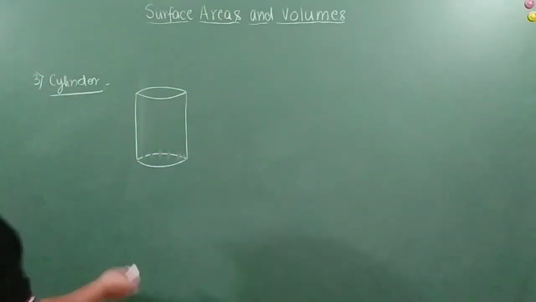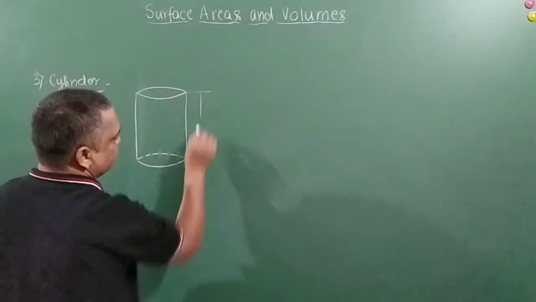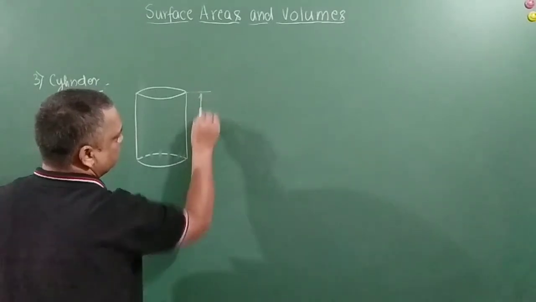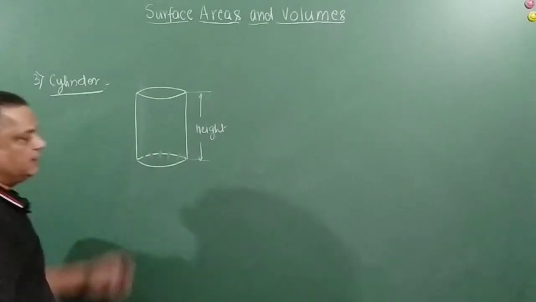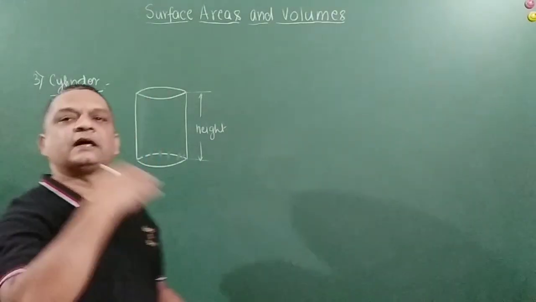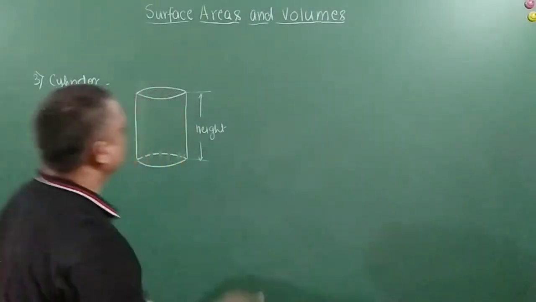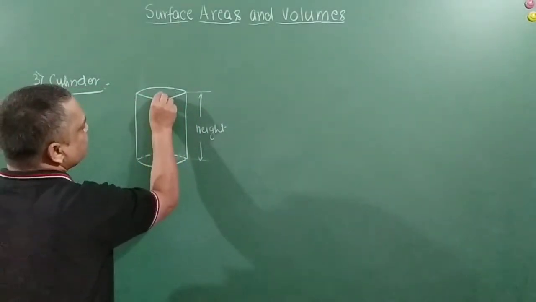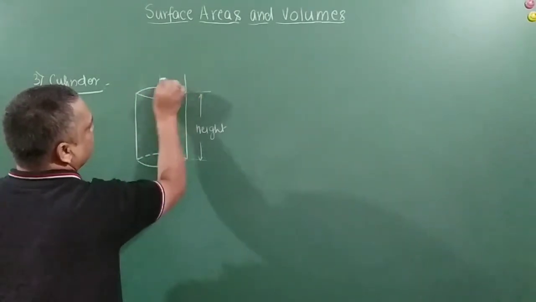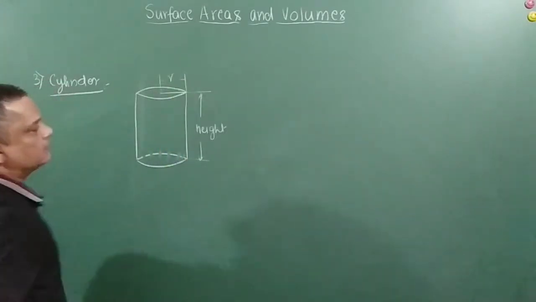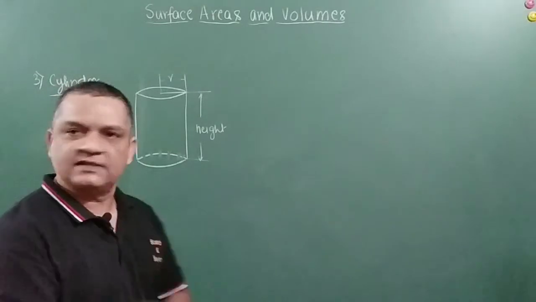So cylinder is something like this, whereas this is called the height of the cylinder, and top and bottom are basically circular, right? So that will have a radius, correct? From this point, that is the center of the circle, till here, it is called the radius. Right, friends? So these are the two dimensions with which we can make a cylinder.